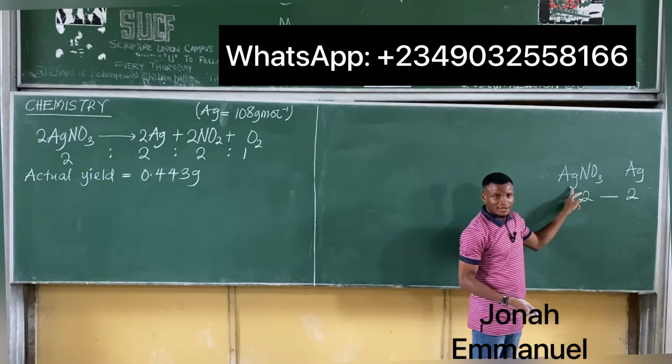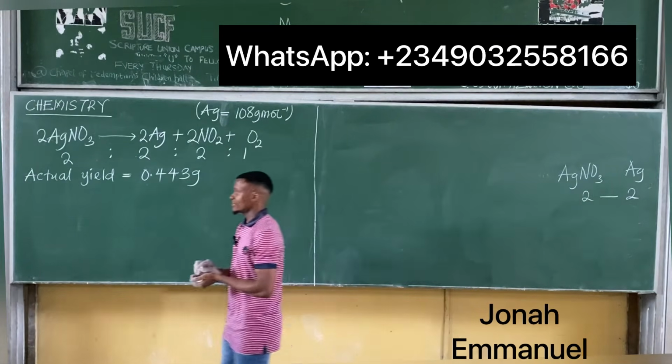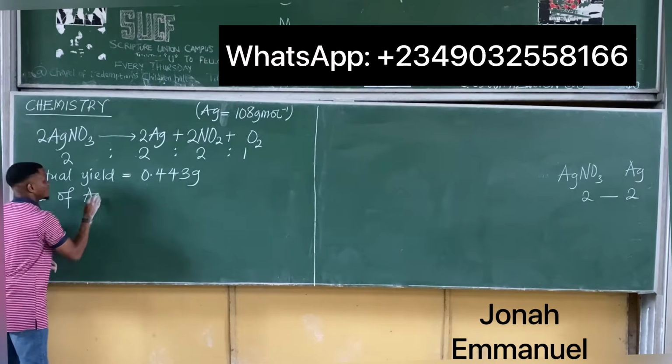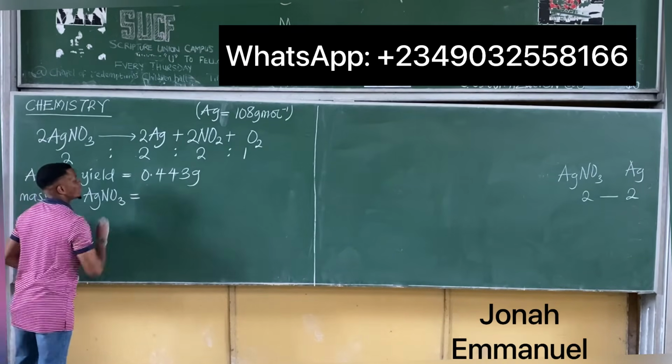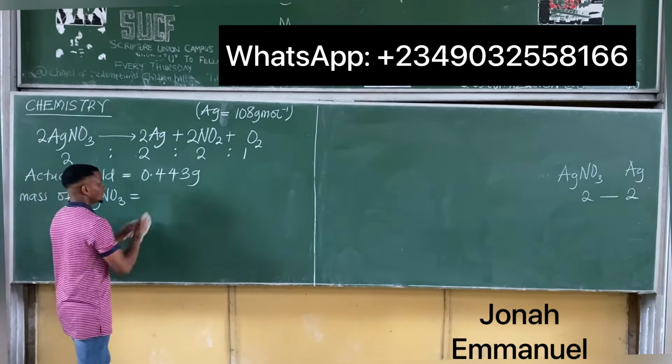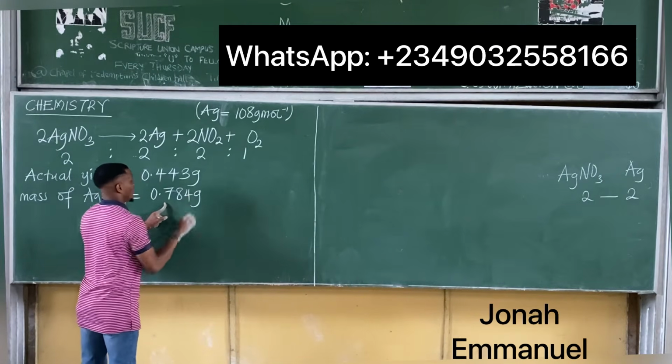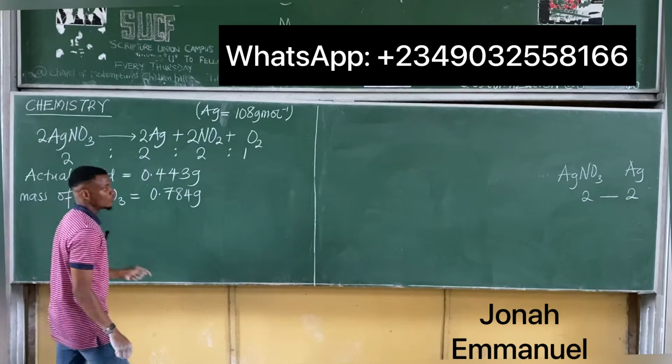So you know what to do. Convert the mass to mole, please. So I'm given mass of silver nitrate is equal to 0.784 gram. Convert this mass to mole.